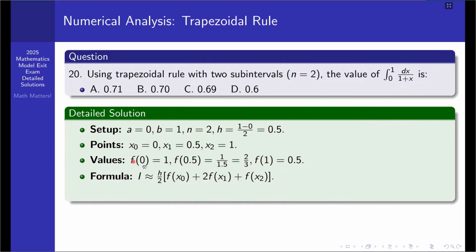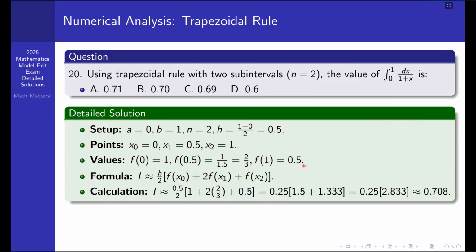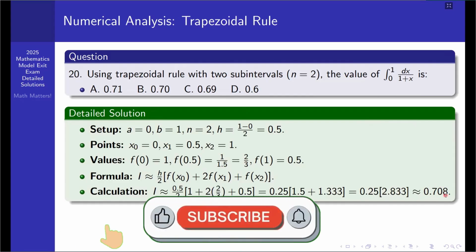Then directly, if we substitute these values here, f of x naught, that is f of 0, which is 1, and f of x1, where x1 is 0.5, that is 1 over 2 over 3, and f of x2, which is 0.5, we will obtain 0.708, which is an approximation.